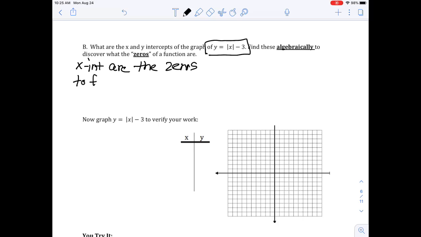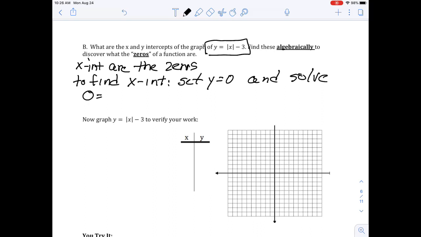To find X-intercepts algebraically, so when you're not looking at a graph, you're going to set Y equal to 0 and solve. So that's going to be 0 equals absolute value of X minus 3. So now we're going to solve that algebraically.